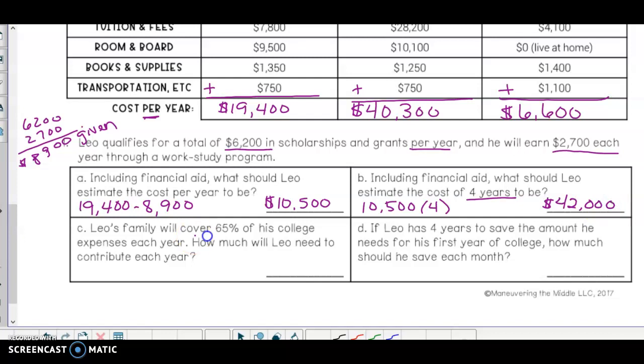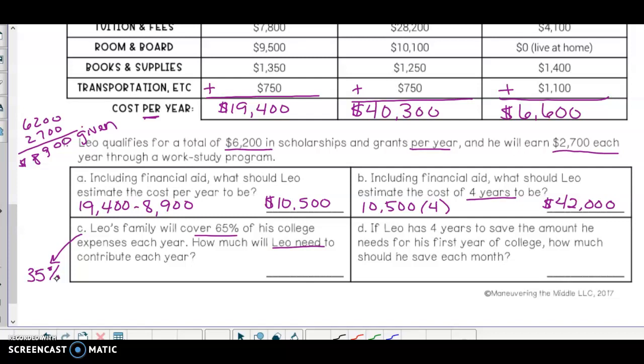If his family is going to cover 65%, how much will Leo need to contribute? Well, if we think about this, if his family is contributing 65%, then Leo is going to be responsible for 35%, because 100 minus 65.